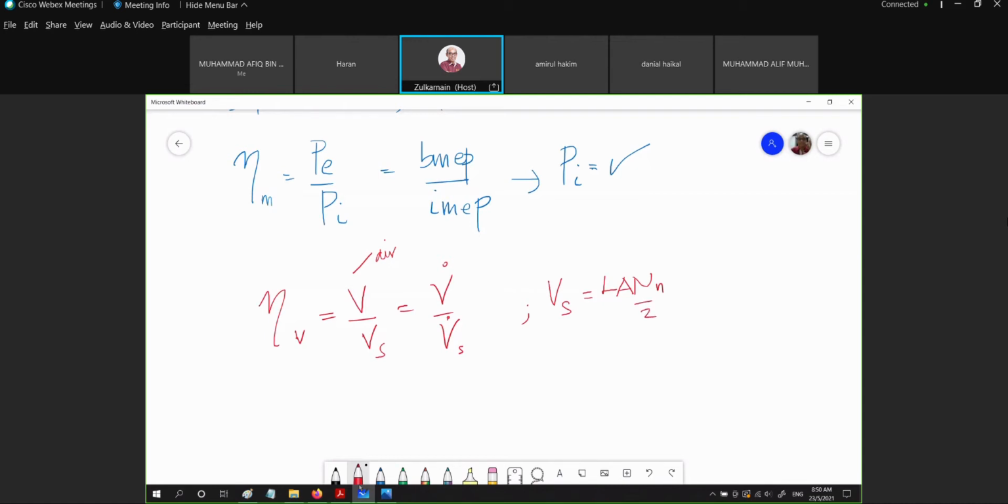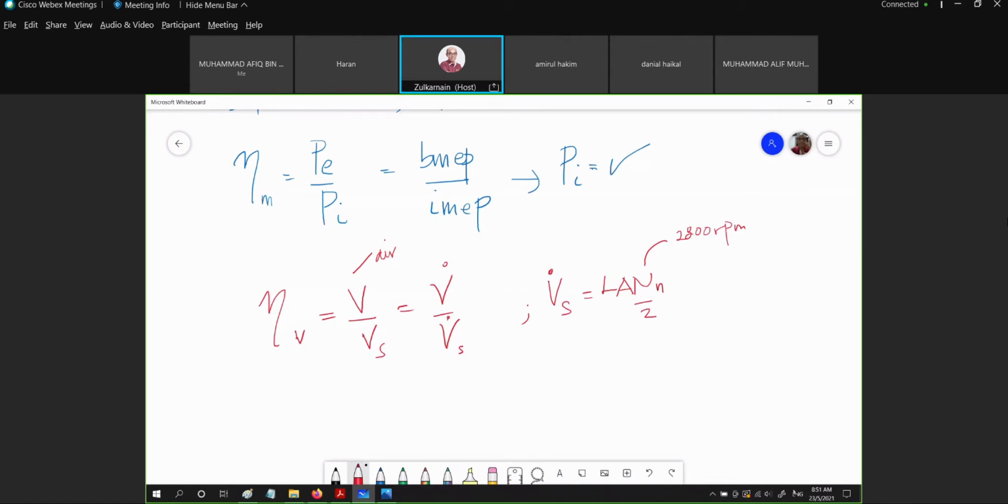Kenapa kena bagi 2? Siapa boleh jawab? Kenapa kena bagi 2? This is 2800 RPM. Kenapa kena bagi 2? So this is V dot S. Ini dia for stroke to rotation.